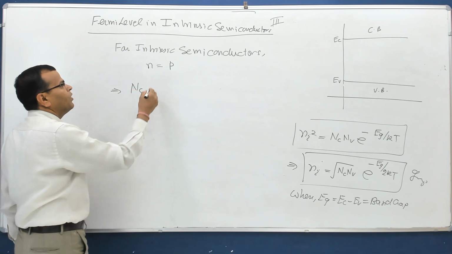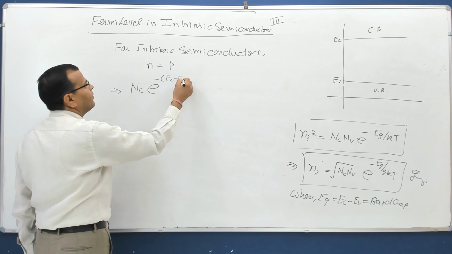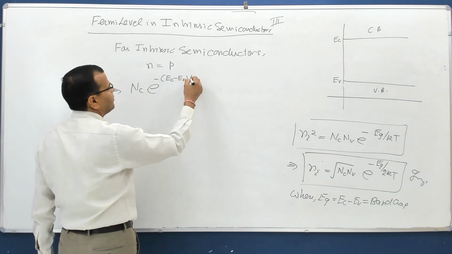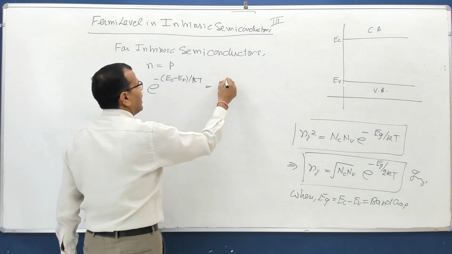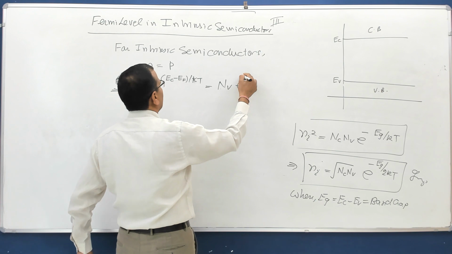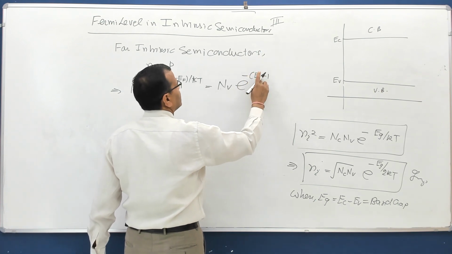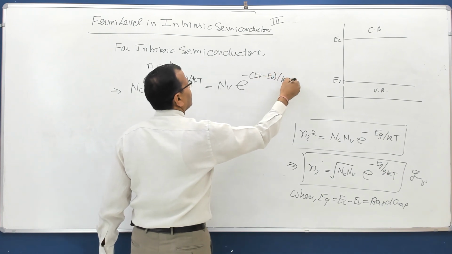Nc e raised to power minus Ec minus Ef by Kt is equal to Nv e raised to power minus Ev minus, that is Ef minus Ev by Kt.